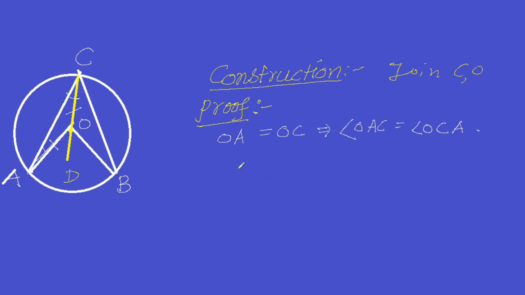Again, side CO of triangle AOC is extended up to the point D. Therefore, the exterior angle AOD equals angle OAC plus angle OCA, because we know that the exterior angle of any triangle is equal to the sum of the two opposite interior angles.